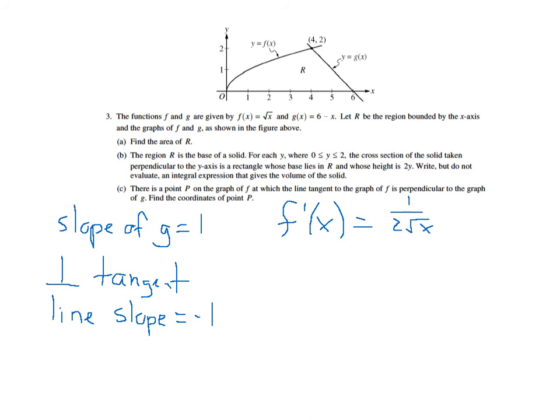And I need that to equal -1. So -1 is equal to 1 over 2 root x.